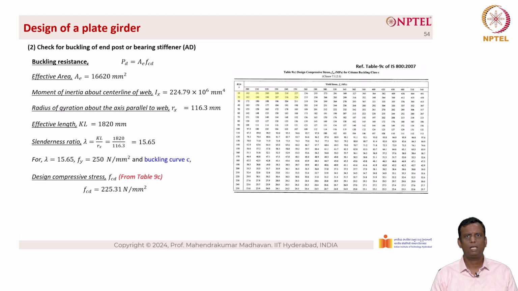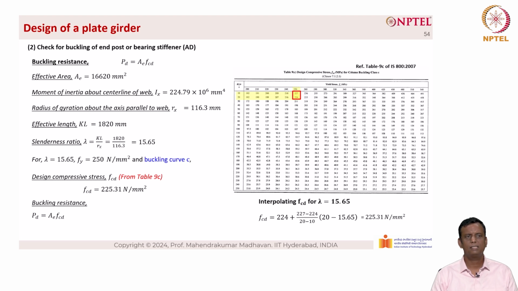So you can go to table 9C, we have to interpolate between 10 and 20. The lambda is 15.65. When we do so, we get FCD equal to 225.31, as you can see on the right hand side. So interpolating for 15.65, we have FCD equal to 224 plus 227 minus 224 divided by 20 minus 10 into 20 minus 15.65, which is 225.31 Newton per millimeter square.